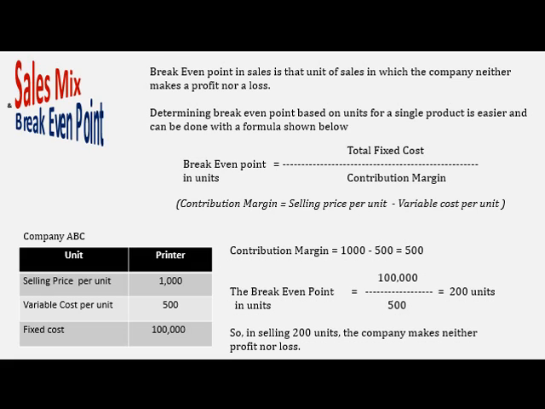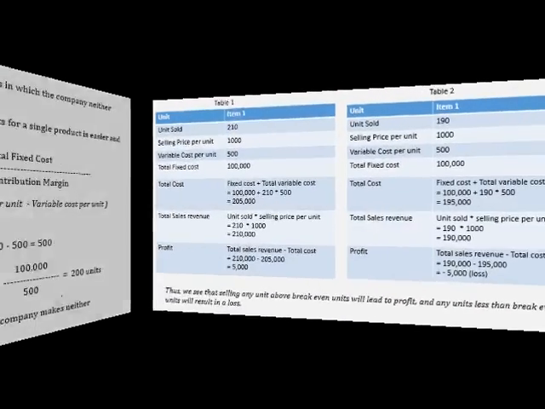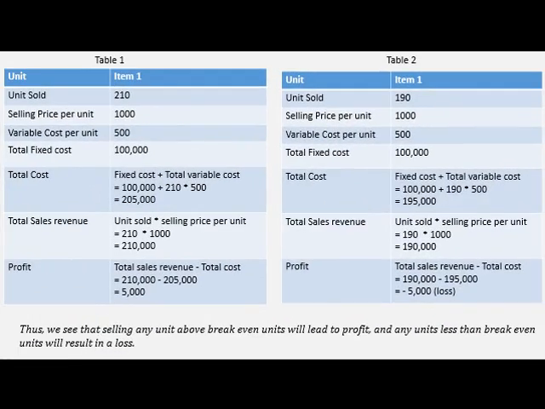Just to understand the break-even point better, let's take two scenarios, one with units sold as 210 and another with units sold as 190. We want to check what happens when the company sells less or more than the break-even point. We see from table 1, when the unit sold is 210, the total variable cost is 210 multiplied by 500, which is the variable cost per unit. This gives total variable cost as 105,000.